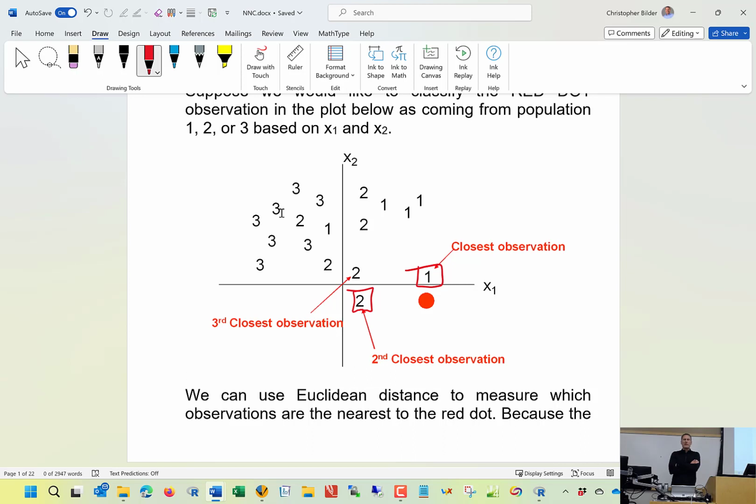Some software packages will do one thing, other software packages will do another. The way that R approaches it in its most frequently used function, and I don't like this, is it actually chooses a prediction at random. So maybe one time that you run this, it will predict group 1, and another time it will predict group 2.